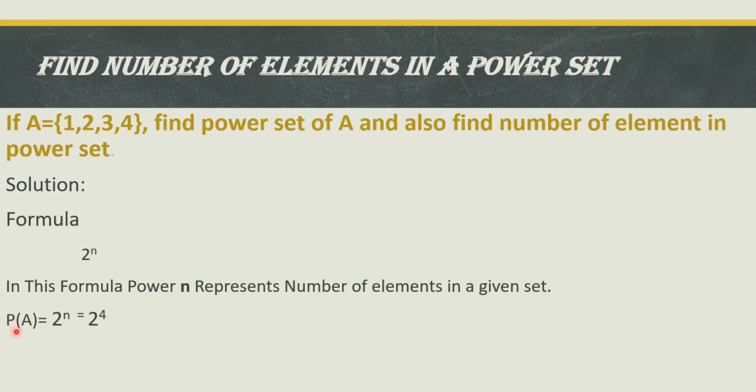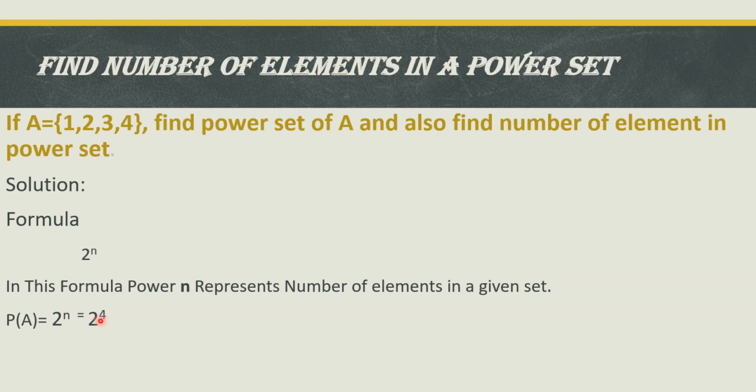So the number of elements in the power set of A is equal to 2 to the power n, and we write the number of elements in the place of n. The elements are 1, 2, 3 and 4, so in the set we have 4 elements, and we write 4.